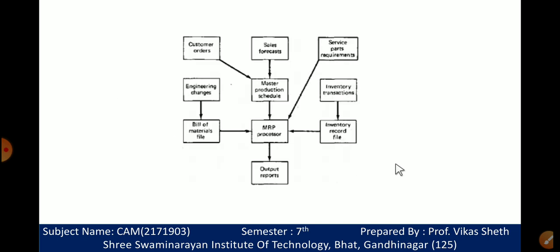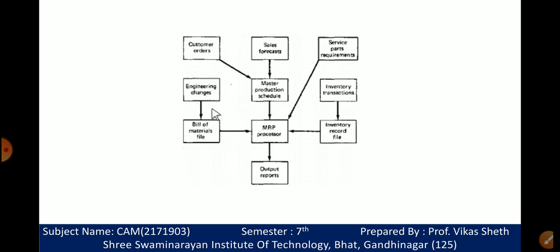Okay, so here is the chart. Some is the input of the MRP system and some is the output. So input is the customer order and sales forecast. That goes into the master production schedule, and the master production schedule is the input of the MRP processor.